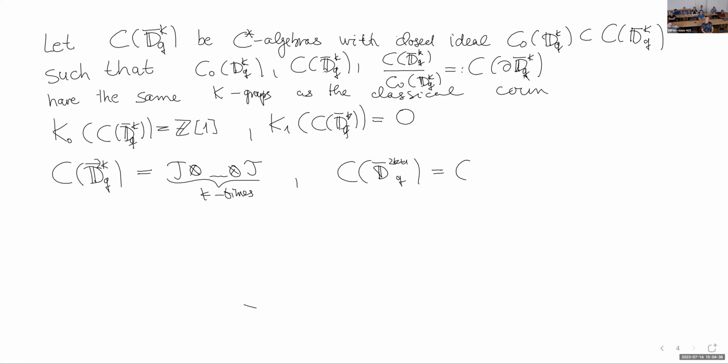I take a closed interval. Toeplitz, three times.